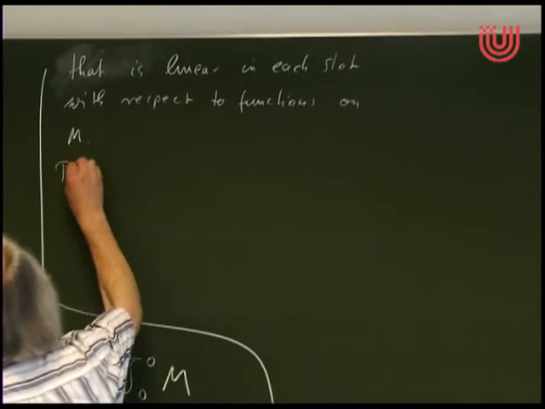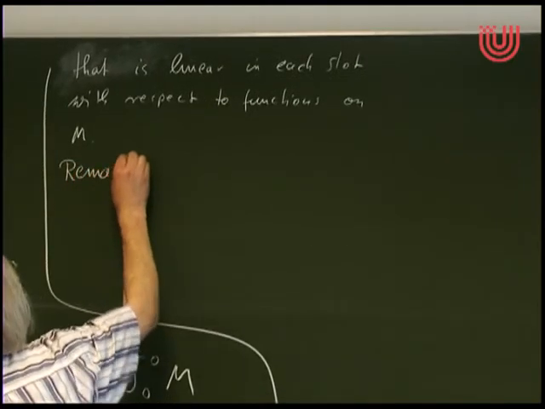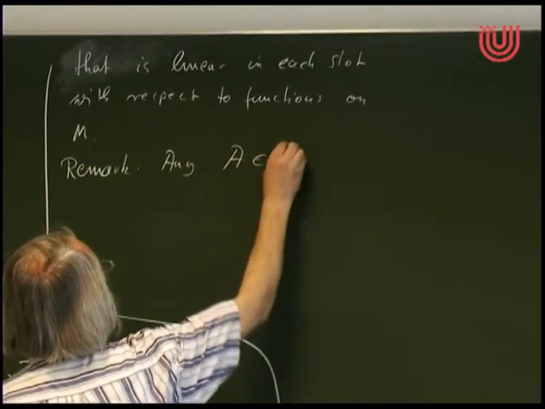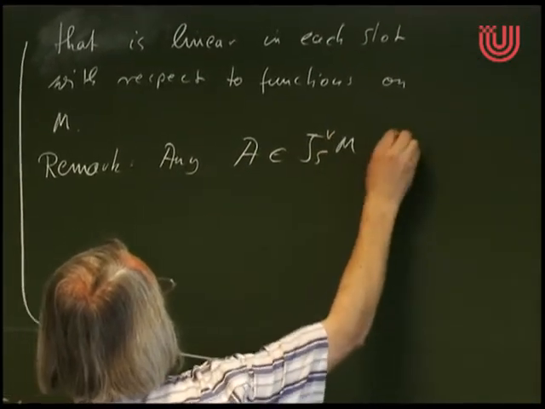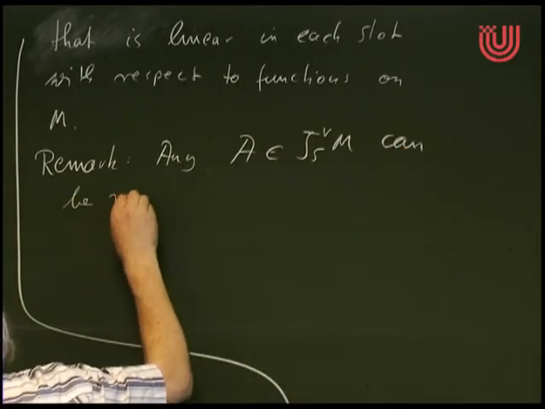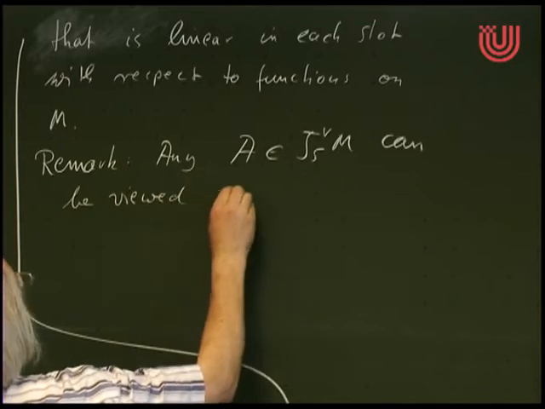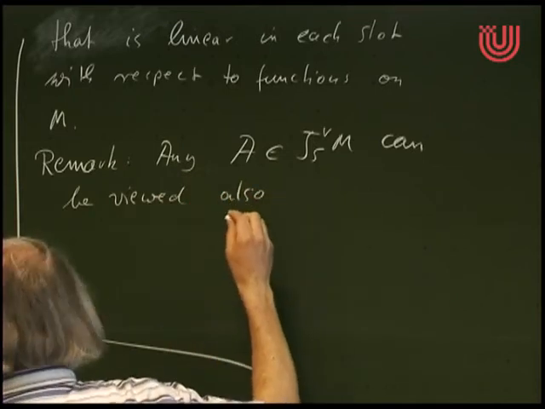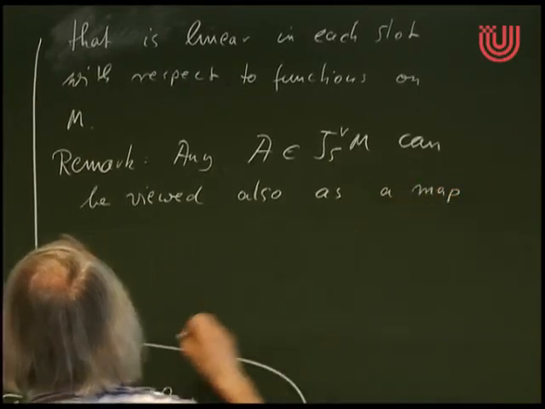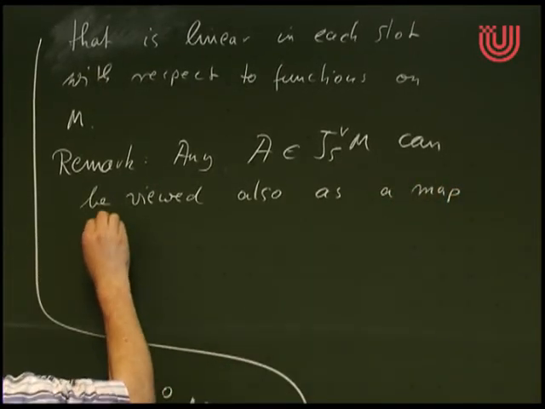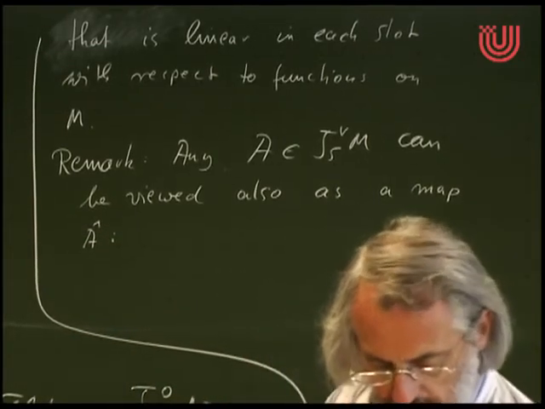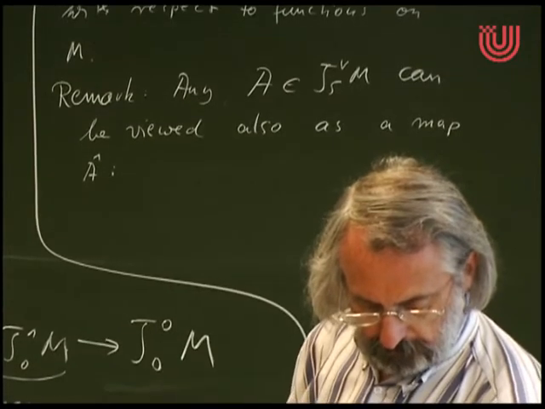So A in T^R_S(N) can be viewed also, in addition to this representation, as a map, let's call it A hat, which now acts on a certain number of vector fields and covector fields.